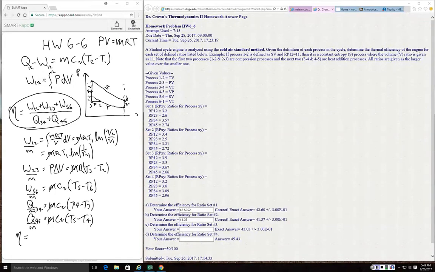The other thing I could do is divide every term by CV. If I do that, the CV's will cancel. So if I divide every term by mCV, then that's like dividing all the values in the numerator and all the values in the denominator by CV, which I can do.